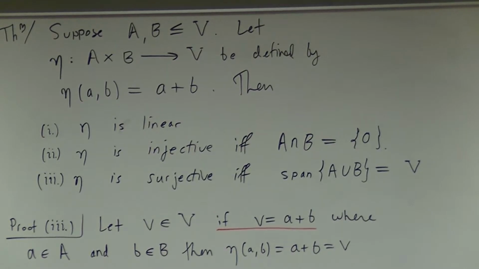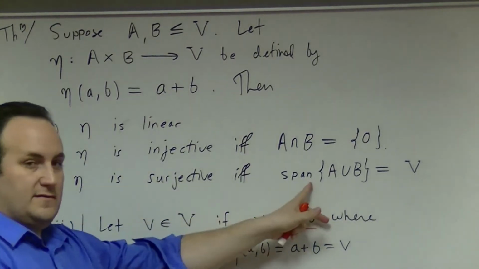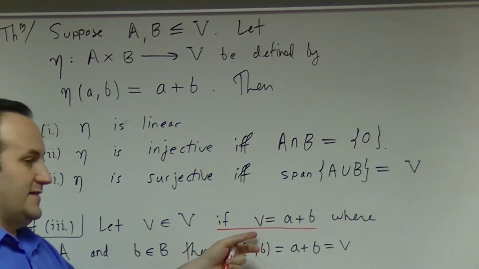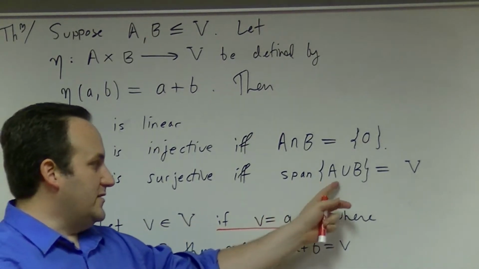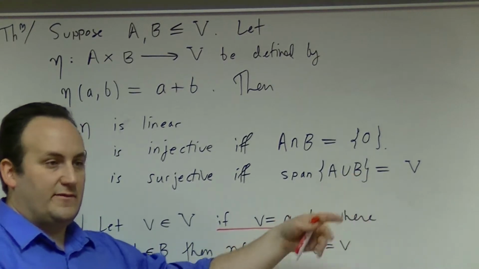If you have a basis for A and a basis for B, and the span of the union of their bases gives you the whole vector space, then that's another condition. I've just stated it in terms of the subspaces themselves, which is pretty greedy. But if that condition is met, then certainly the thing I've done in red is allowed, because the span of the union of things in A and things in B gets everything, right?